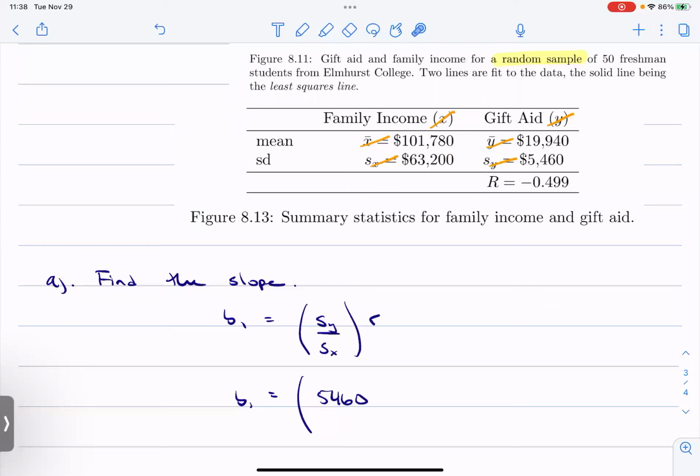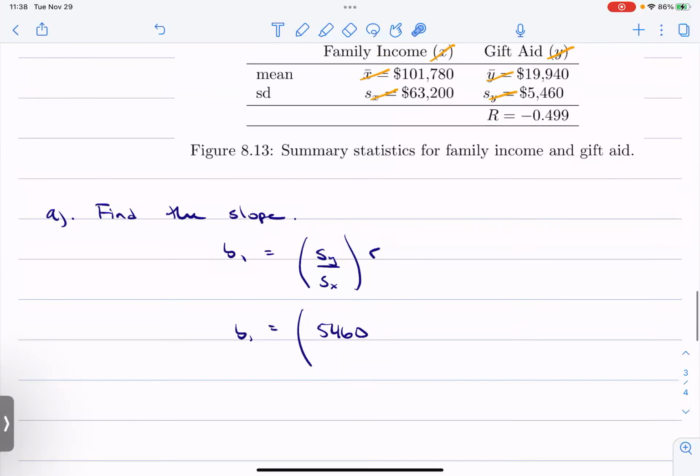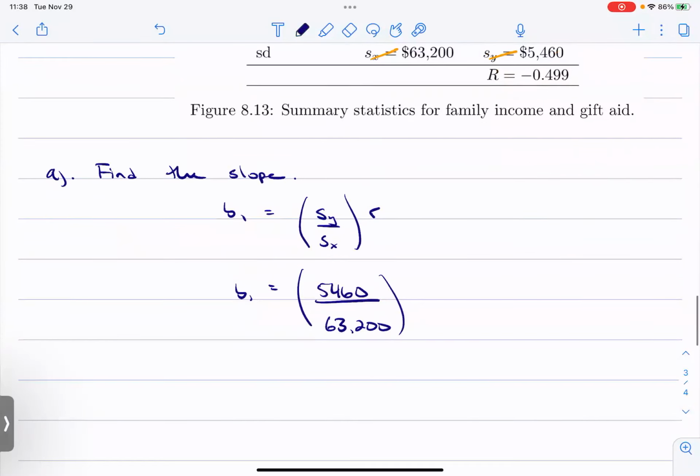But here I'm just going to keep the scale in dollars. 5,460 divided by the standard deviation of X, which is 63,200. You can see how if you reverse these, that would make a real mess.